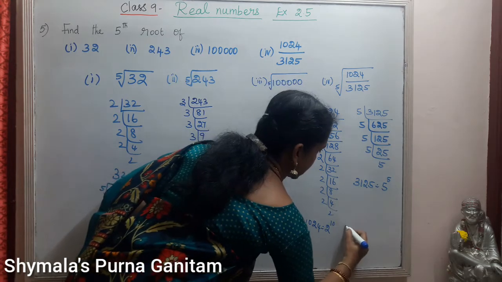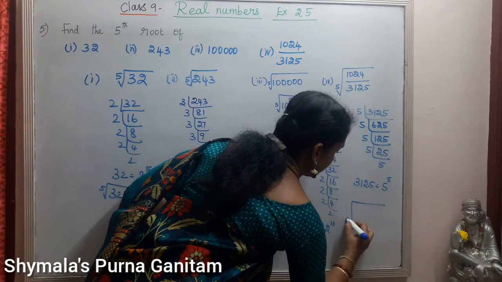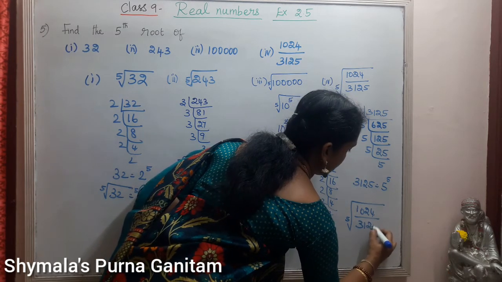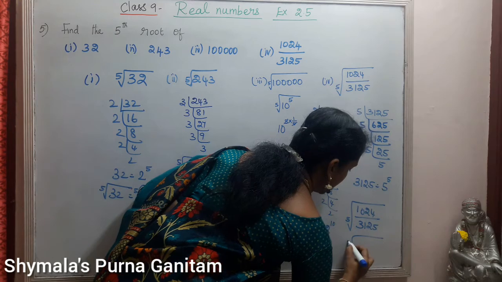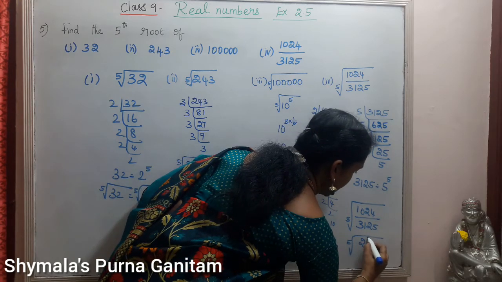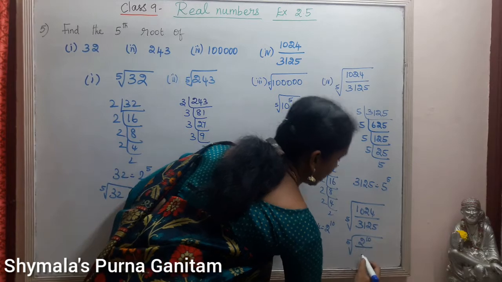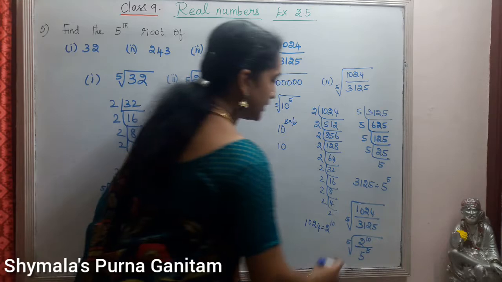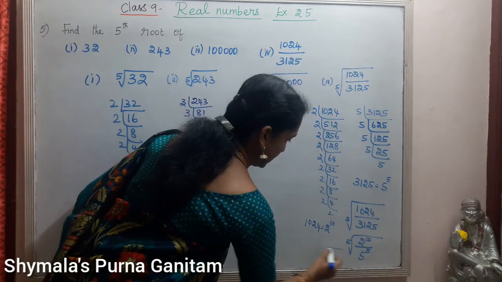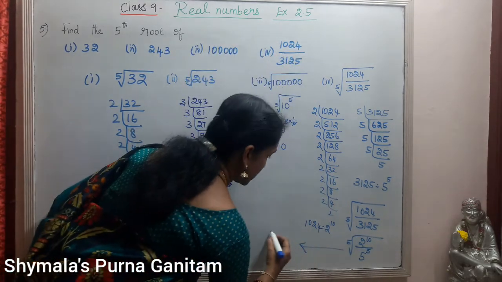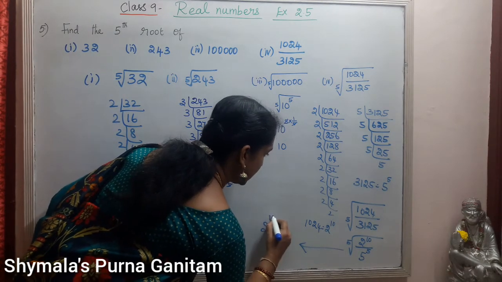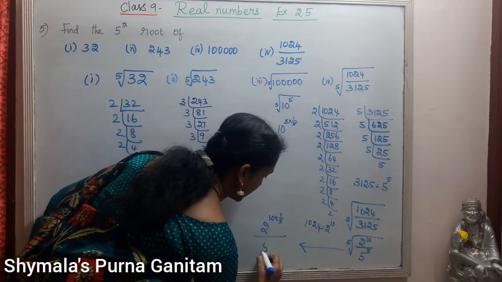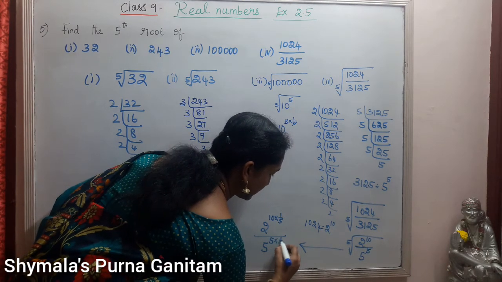So when we write this in the given expression, that is the fifth root of 1024 divided by 3125, this is the fifth root of 2 power 10 divided by 5 power 5. So this is 2 power 10 into 1 by 5 in the numerator, divided by 5 power 5 into 1 by 5.